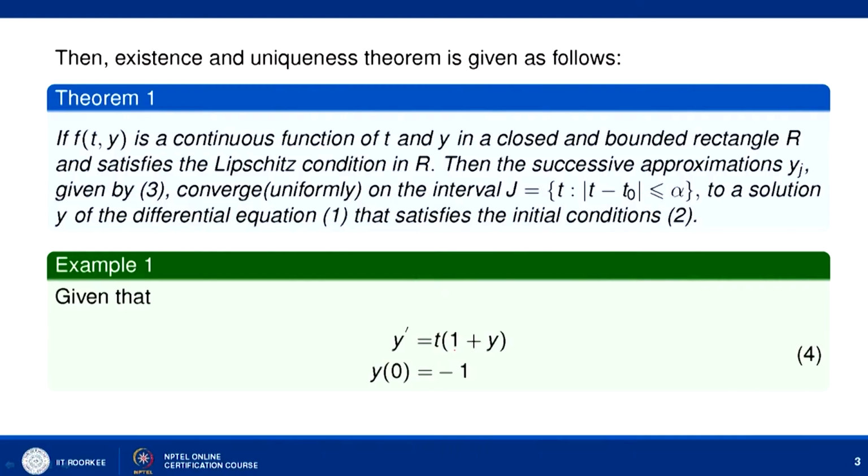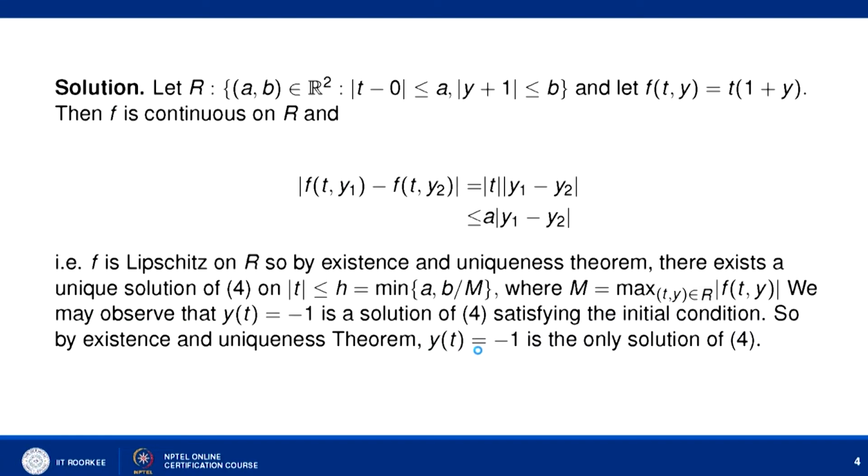If you look at this, f(t, y) is t times (1 plus y), and we can easily see that if we define a domain such that R is a rectangle defined as all those (t, y) in R2 such that modulus of t is less than or equal to a, and modulus of y plus 1 is less than or equal to b, and we define f(t, y) as t times (1 plus y), then we can easily see that this f is continuous for all t.